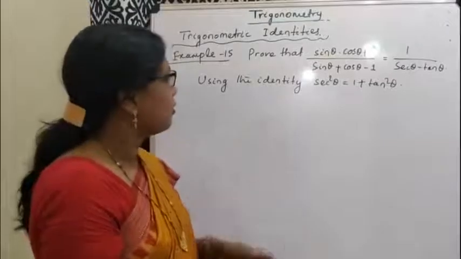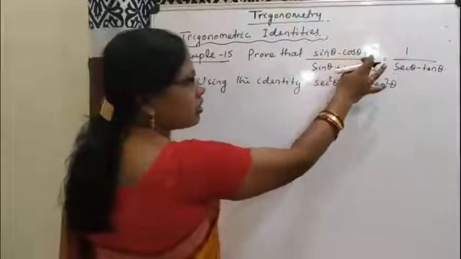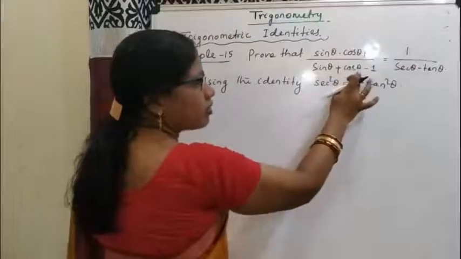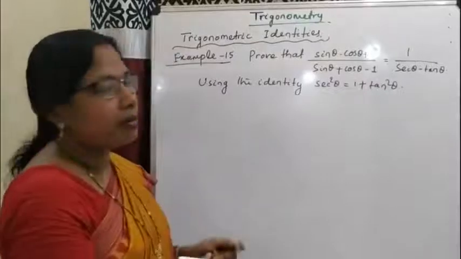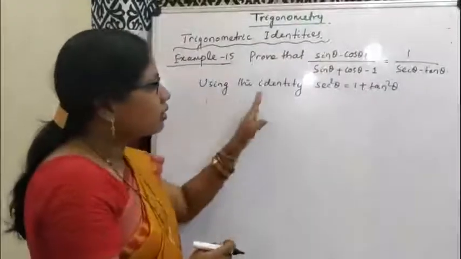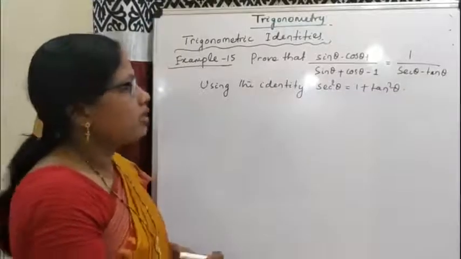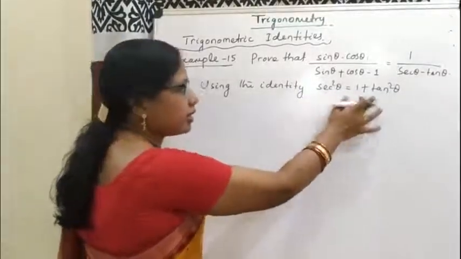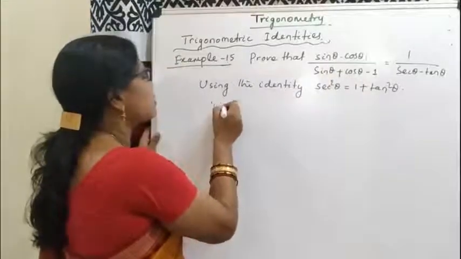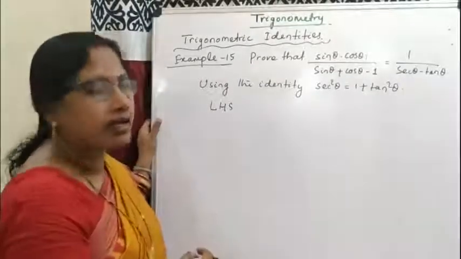Next example, prove that (sin theta minus cos theta plus 1) by (sin theta plus cos theta minus 1) is equal to 1 by (sec theta minus tan theta), using the identity sec square theta is equal to 1 plus tan square theta. As it is given that we have to use this identity, in LHS we have to convert sin cos into sec and tan.